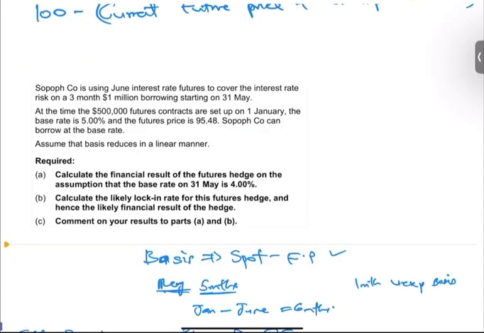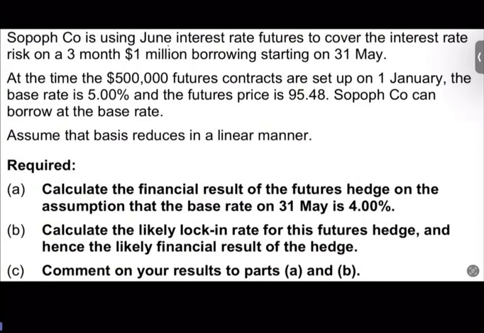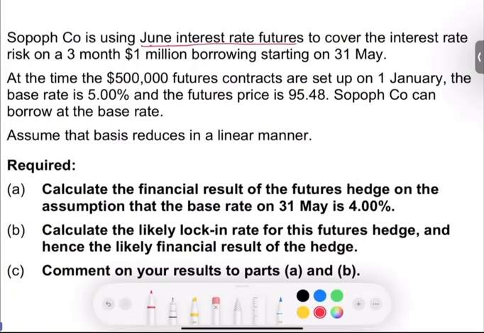What is the tenor of this contract? The future contract you see there is 6 months. It's using the June interest future, which means this will expire at the end of June.